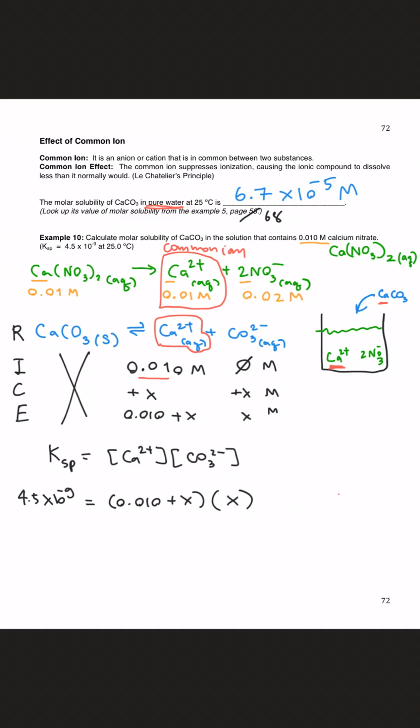Having both X squared and X, you would need to use the quadratic equation to determine X, which is too complicated. So we are going to simplify this. We are going to ignore the X that comes with 0.01 because the change of X is insignificant.